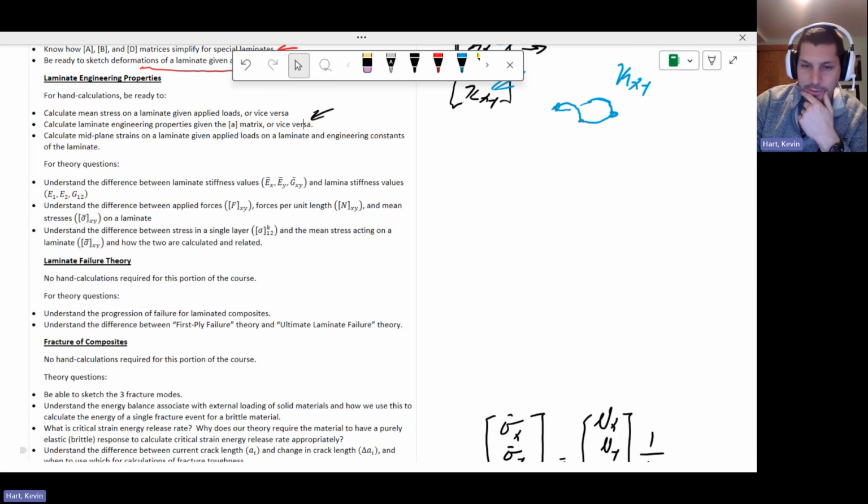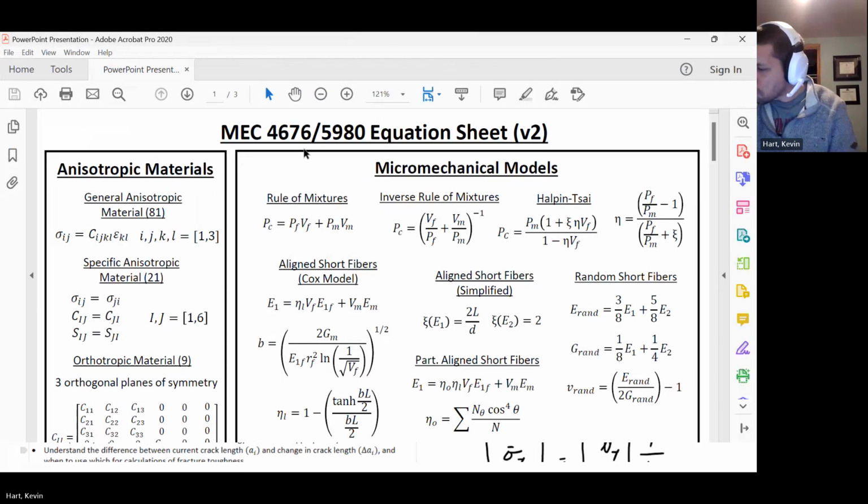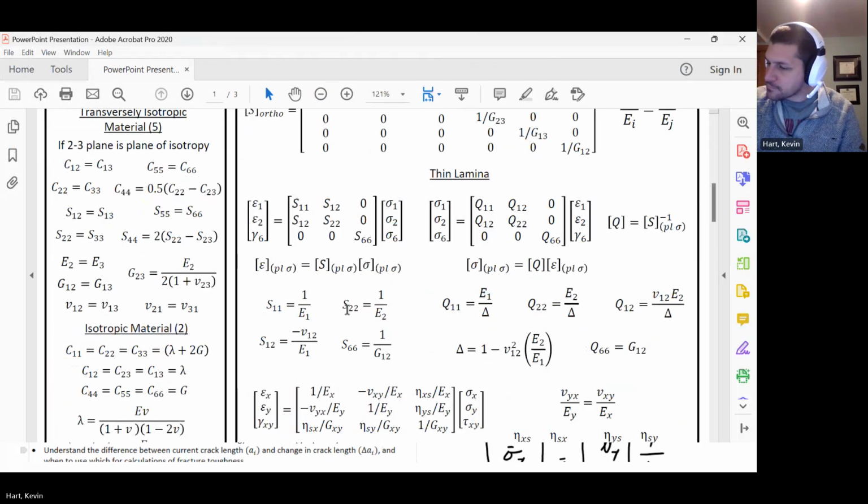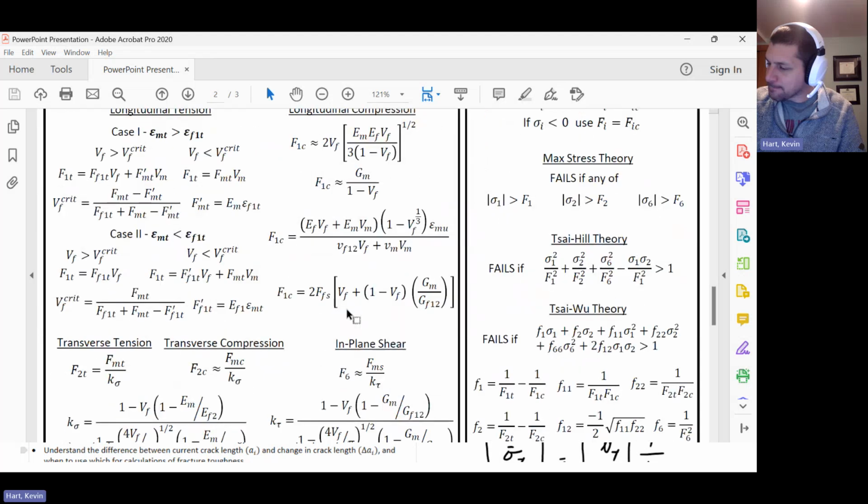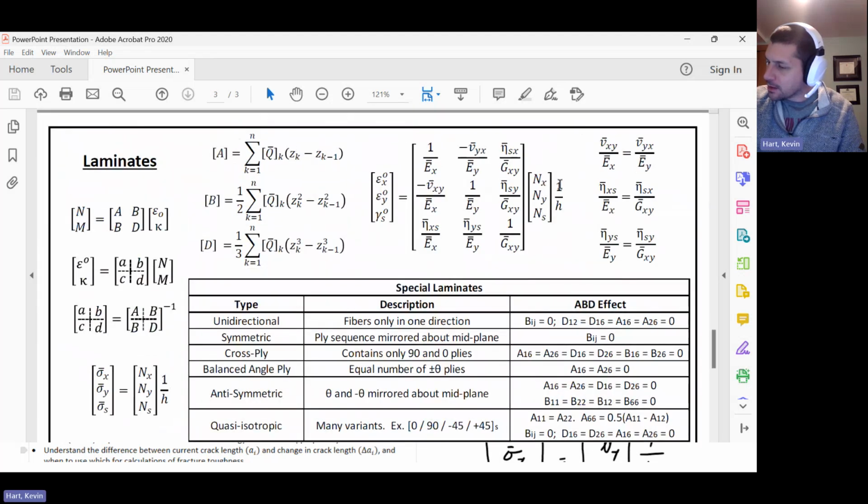I'll bring the equation sheet in here really quickly. Scroll down, scroll down, scroll down. And here we are. So this equation is the one that's going to help you on your way with this portion of the problem.